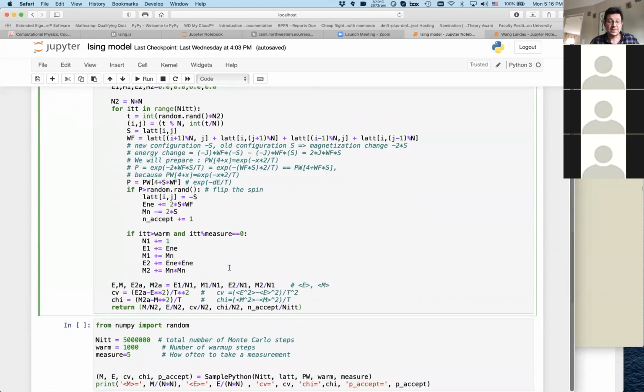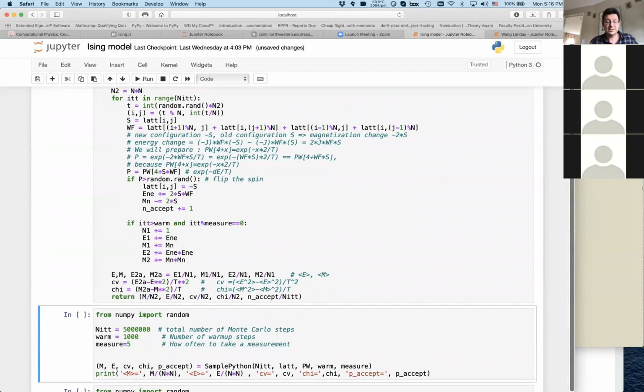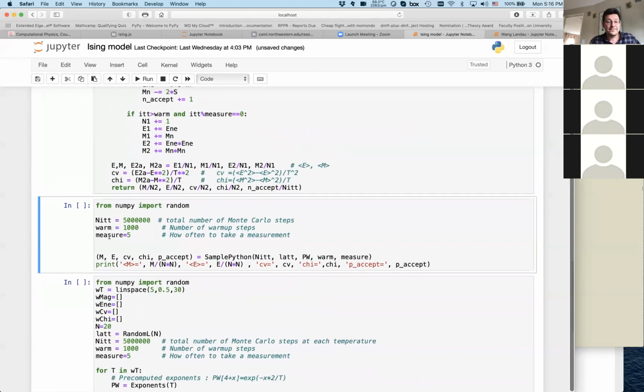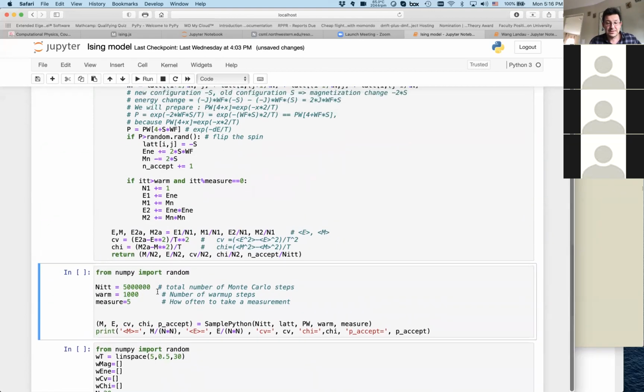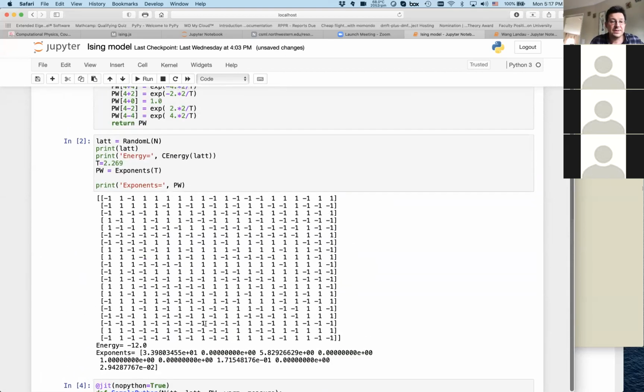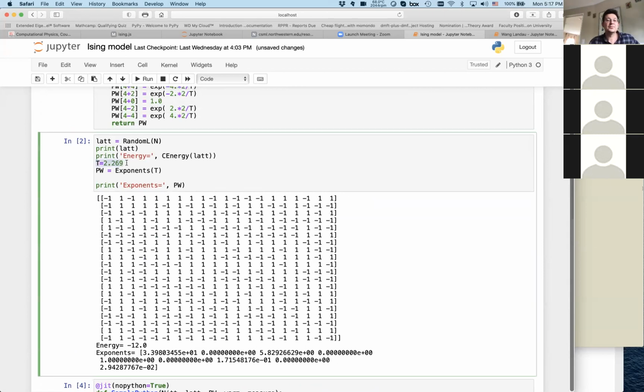Okay, so now let me try to rerun this. Now we are going to simulate this routine for just one temperature. The temperature in this case is going to be this. I modified this from 2 to 2.269.